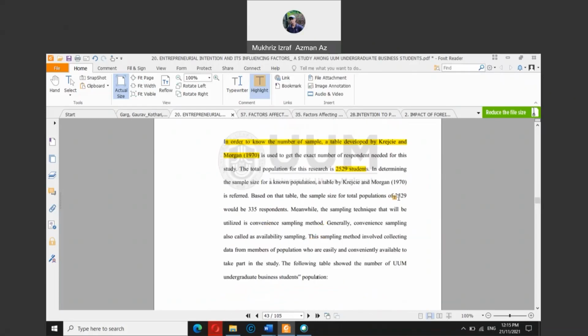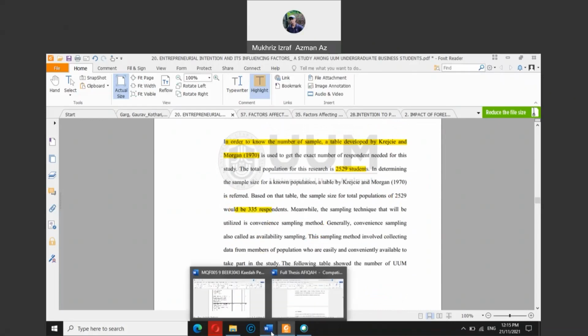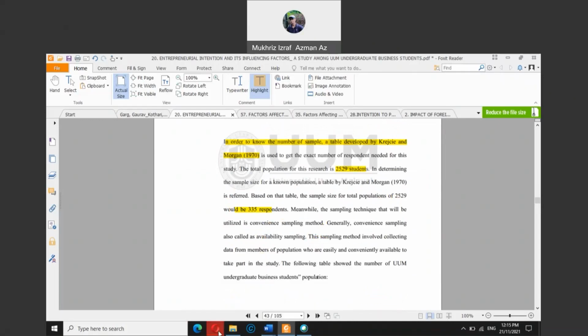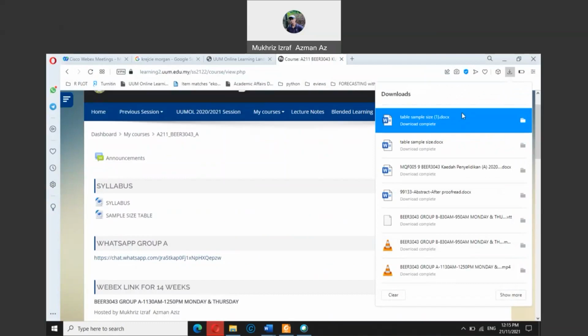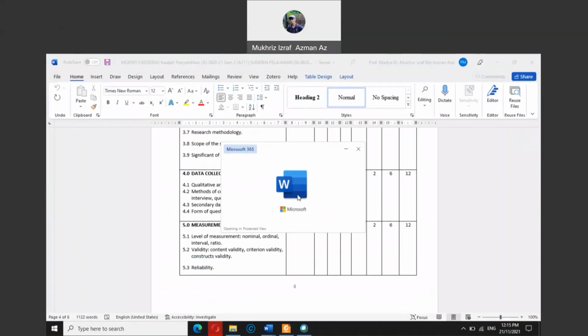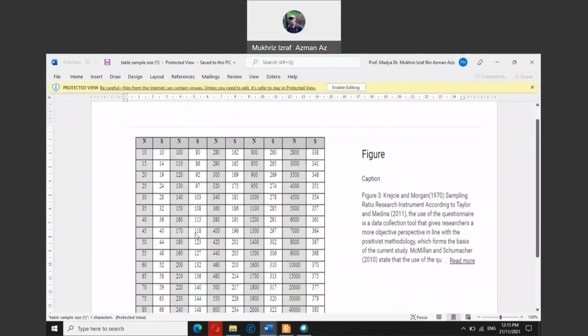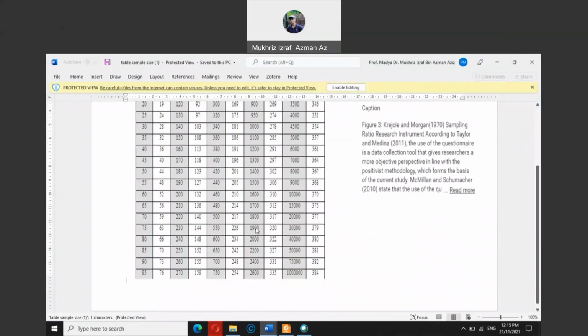For example, for 2529, the respondents must be 335. If we look at this table again, under the Krejcie and Morgan, so 2529 or 2530, it falls between, it is more than 2400 but less than 2600.